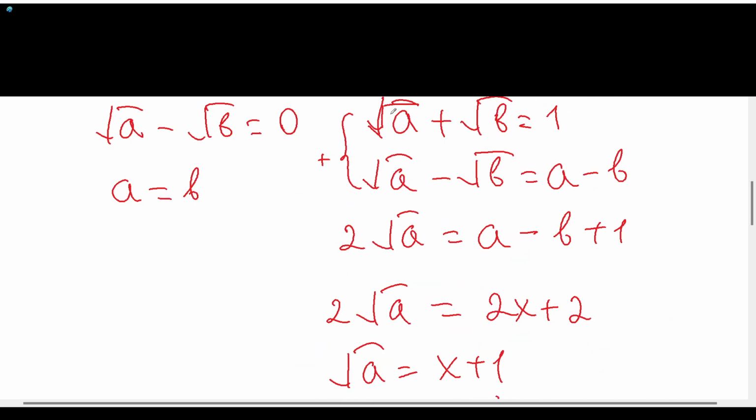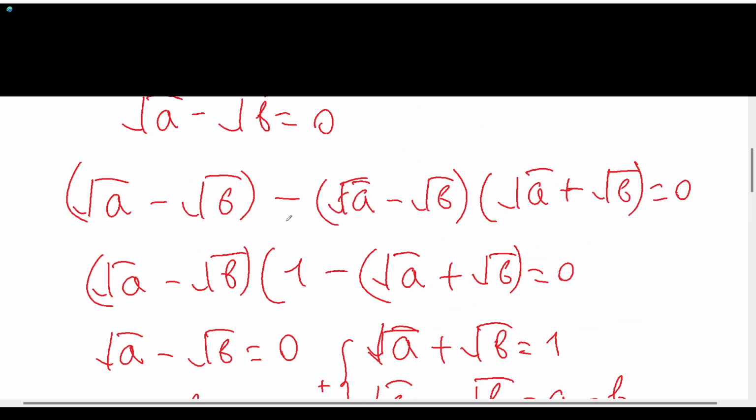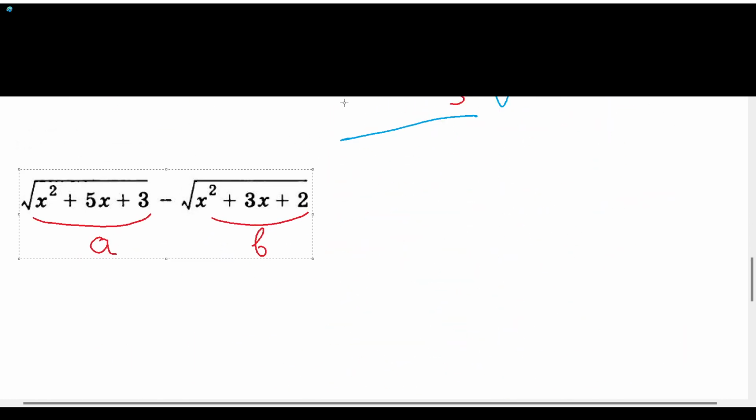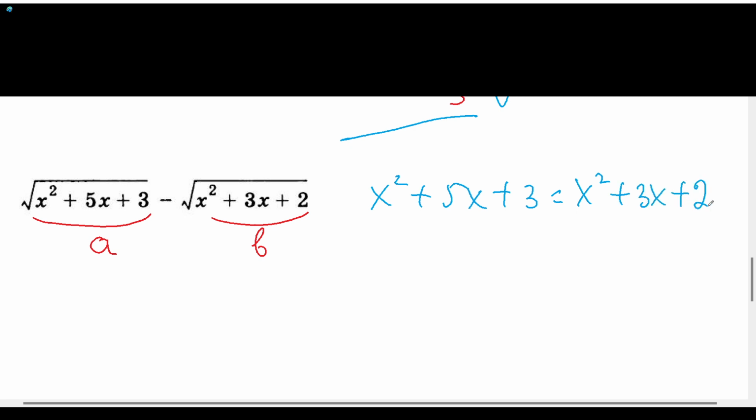Okay, the next one is that a equals b. So x squared plus 5x plus 3 equals x squared plus 3x plus 2.